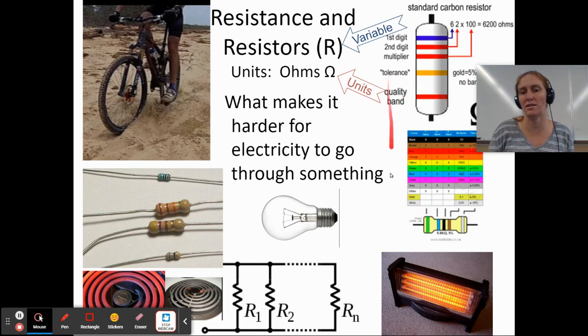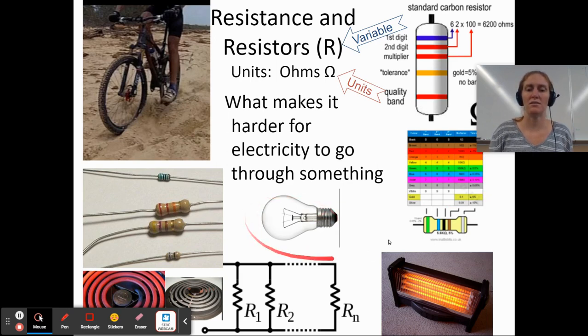There's essentially a code for what each of the different stripes mean, and each color is a specific number. What's nice about this is you don't have to put numbers on here, you just have colored stripes. So it's really easy to tell what is what, and you don't have to get out a magnifying glass to read the number.